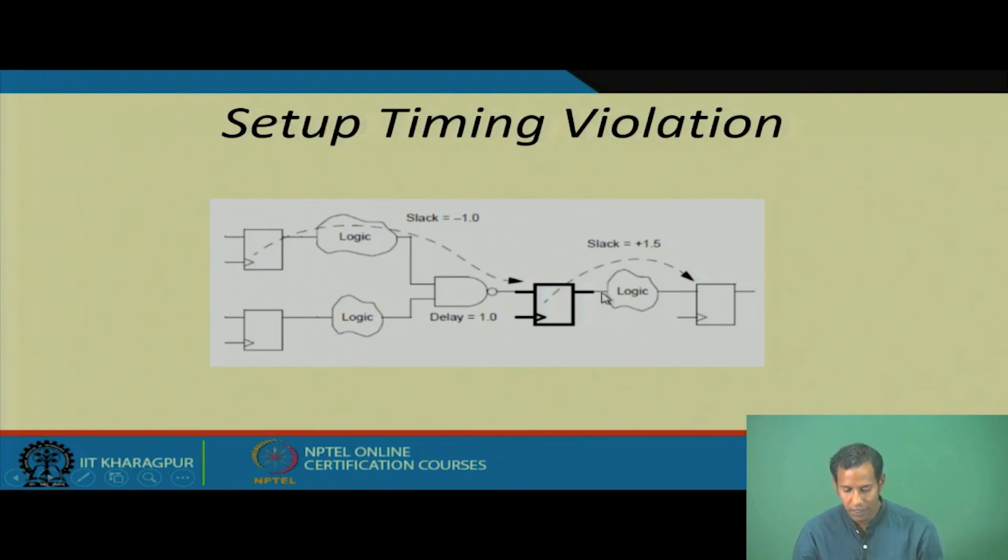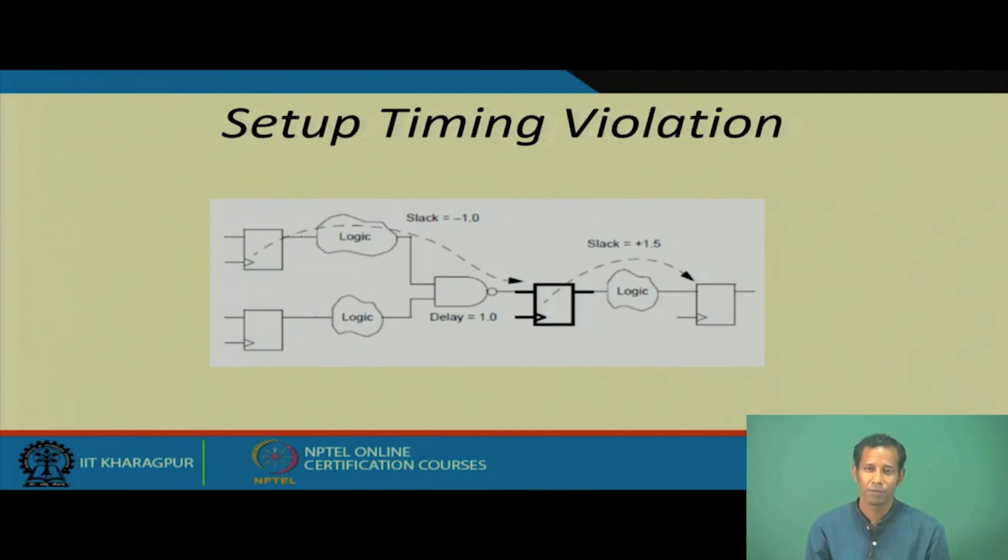But in this other case, you have a surplus, meaning the slack is positive 1.5. If the required time and the actual arrival time are very close together, or both the same, the slack value will be 0.